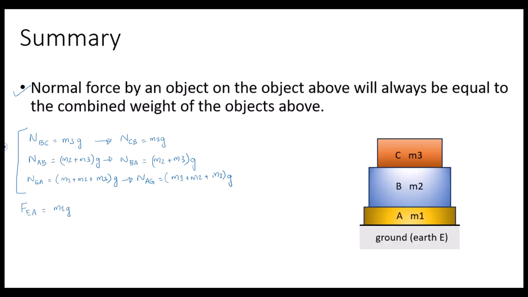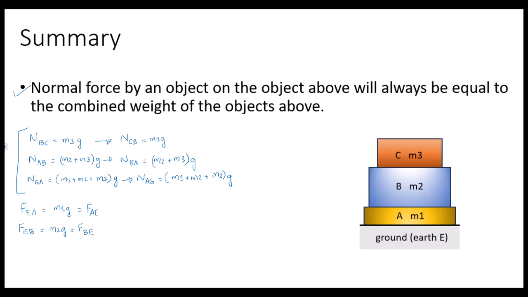And remember that there will also be an action reaction force, which is force by A on Earth, equal to m1g. Similarly, there will be a force of gravitation by Earth on B, equal to the weight of B, which is m2g. And of course, as the action reaction pair, it will be complete if I make it equal to FBE.